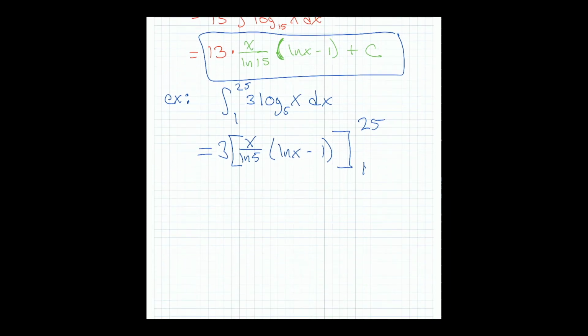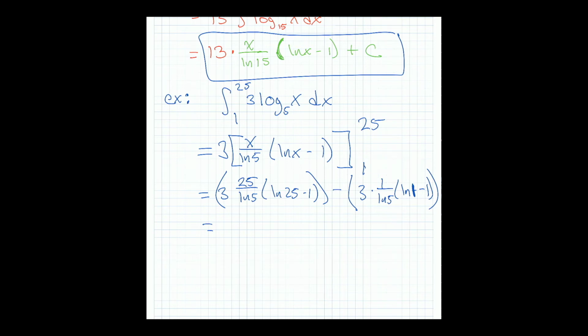Now, after that, you'll plug in your 25 and you'll plug in your 1. So you're just going to have 3 times 25 over ln 5 times ln 25 minus 1. That's what you get when you plug in the 25. And then you need to plug in the 1. So you're going to get 3 times 1 over ln 5 times ln 1 minus 1.